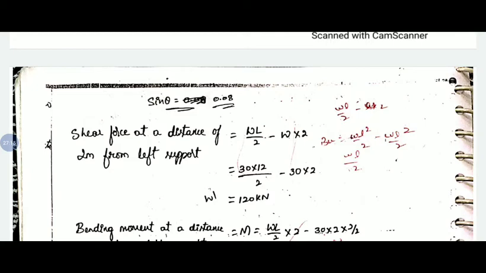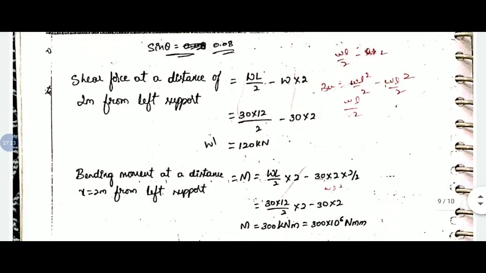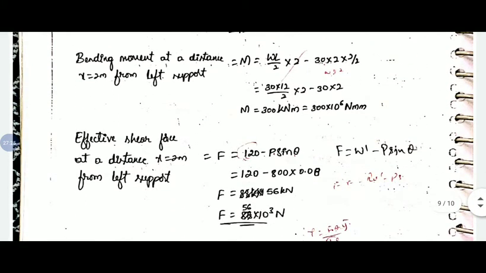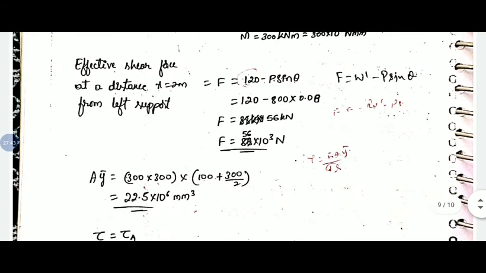But here we are moving 2 meter away from the support. So at that section 2 meter away from the support, the shear force is 120 kilonewton. So 120 minus P sin theta, the vertical component of prestressing force at that particular section. At that section the slope of the cable is 0.08. So P is 800 into sin theta, slope is given 0.08. On simplifying we will get 56 into 10 power 3 Newton.